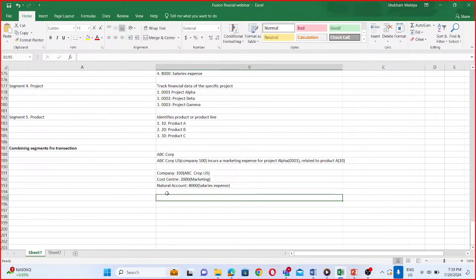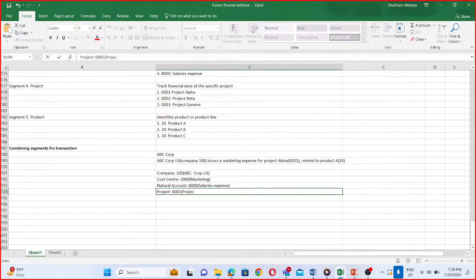Then we have project, whose code is 001, that is project Alpha. In ultra simple language, I am explaining with the scenario so that you can read and understand by yourself why we are making these segments, why we are combining these segments.